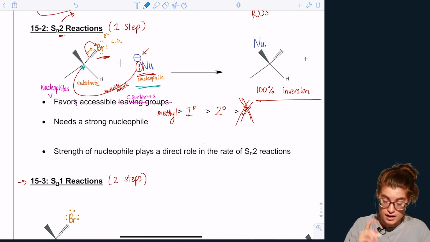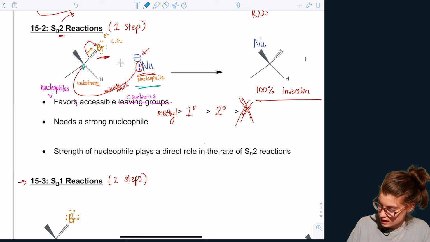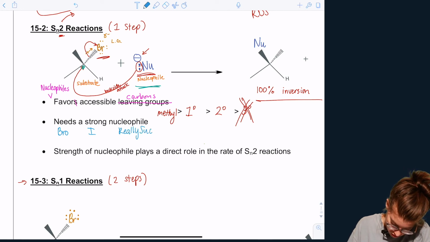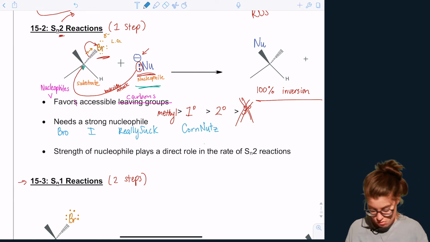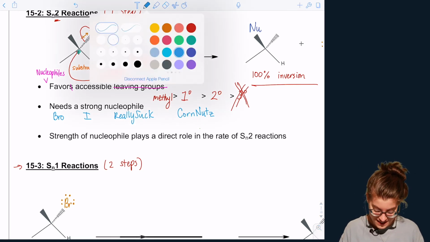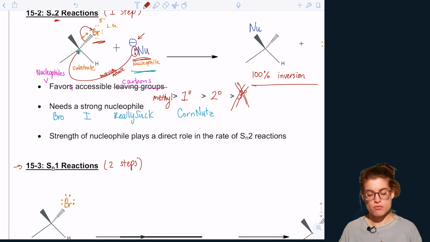So here's the mnemonic. Bro, I really suck corn nuts. Look, I'll even use a Z because I'm cool like that. Okay, Renee, bro, I really suck corn nuts.